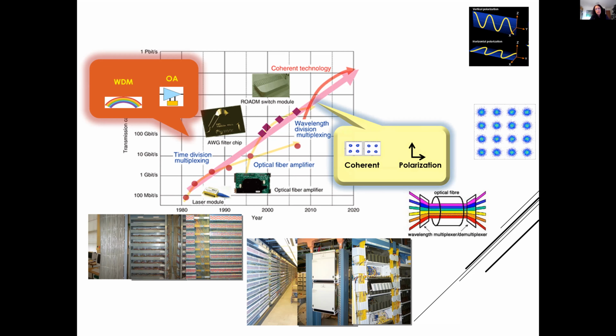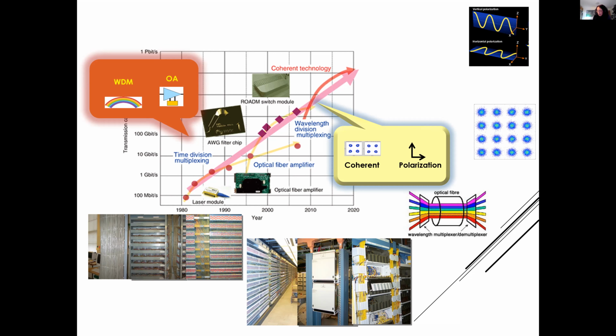And then we also used polarization. You know that a photon is an electromagnetic wave, so it can have two different polarization states. The electric field can oscillate in two orthogonal domains, and therefore you can use both.